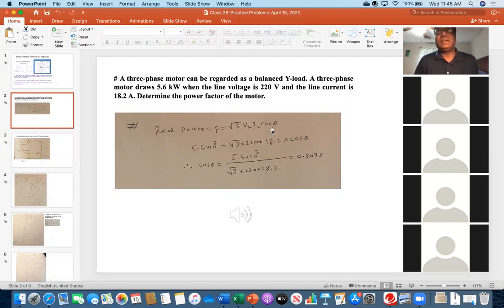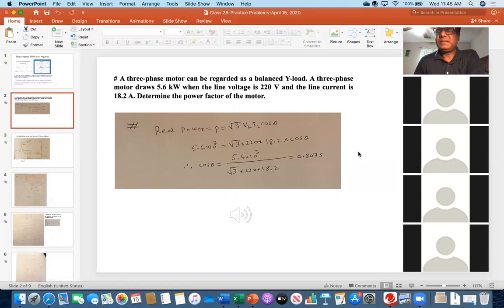On the left side, the P value is 5.6 kilowatt, which I converted into watt by multiplying by 10 to the power 3. On the right side, root 3, then the VL and IL values, and then cos theta. That cosine theta is actually the power factor that you have to determine. So cosine theta equals this divided by this. Finally the value is 0.8075 approximately.